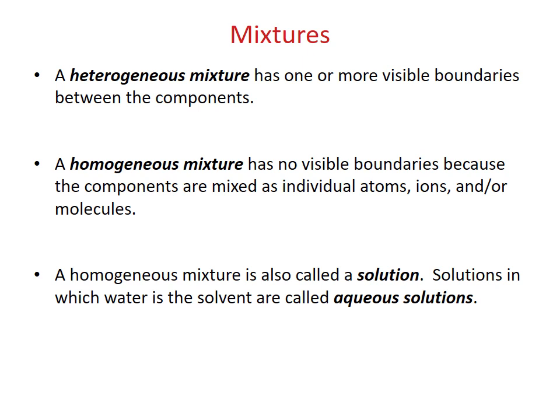So it's a mixture, but you cannot see the visible boundary, and that is a homogeneous mixture. A homogeneous mixture is also called a solution. Solutions in which water is the solvent are called aqueous solutions.